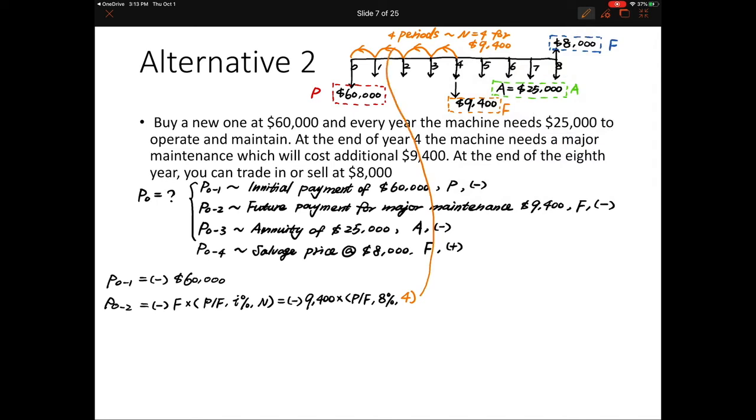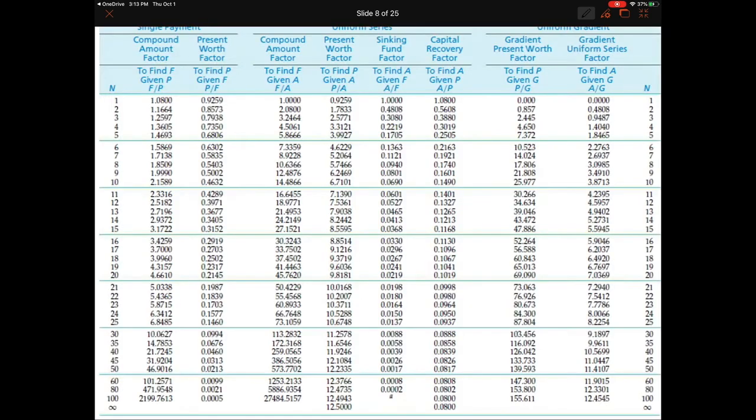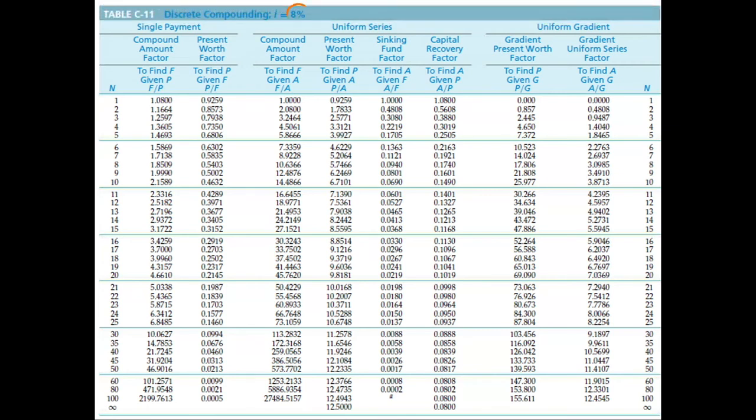Now you're looking at the table and finding the factor. You're looking for present value given the future value.